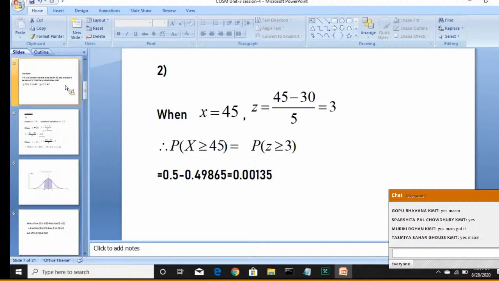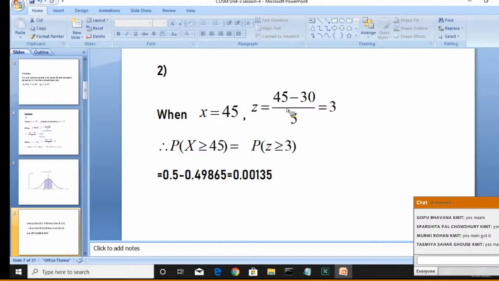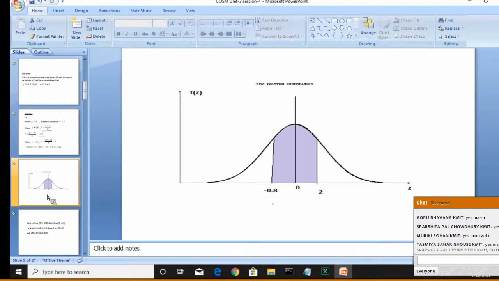The question was X is greater than or equal to 45. Now here we are replacing it with 45 and we are getting the answer 3. It is greater than or equal to 3. Take out your table and find out.